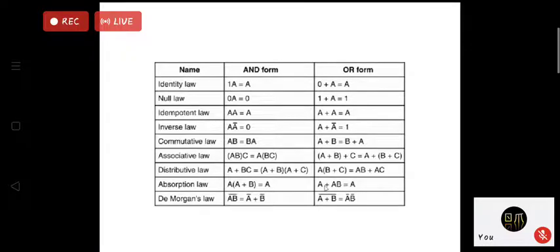So that is the beauty of these laws. And we are going to see today the introduction of Boolean logic simplification. I have attended the subject meeting for this particular subject, and more emphasis is on computer organization and architecture.